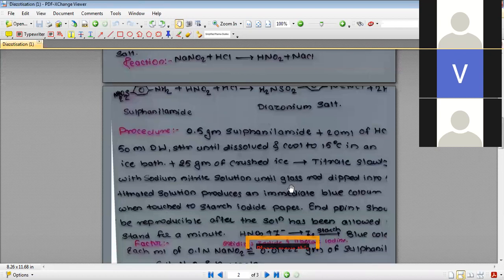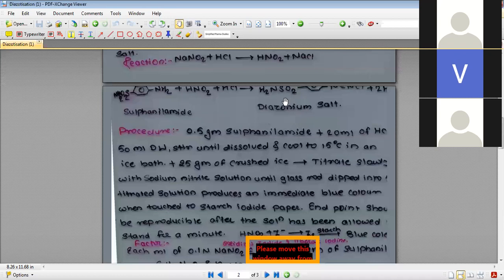After adding sodium nitrite from the burette, a chemical reaction occurs between sulfanilamide and sodium nitrite, particularly nitrous acid. Sodium nitrite will get converted into nitrous acid due to the presence of HCl in the conical flask. Due to the chemical reaction between nitrous acid and sulfanilamide, diazonium salt is formed.